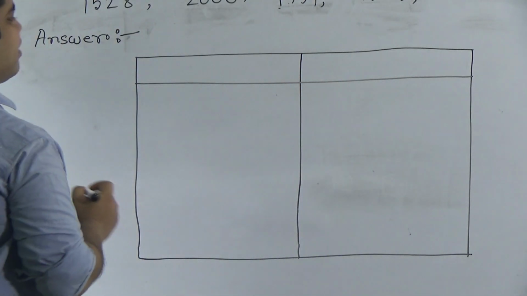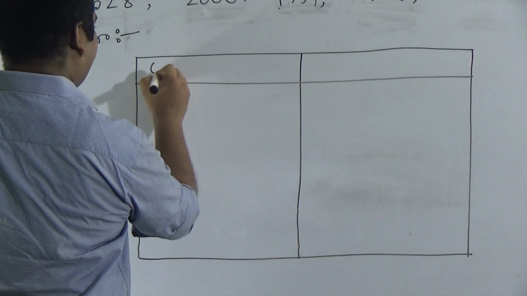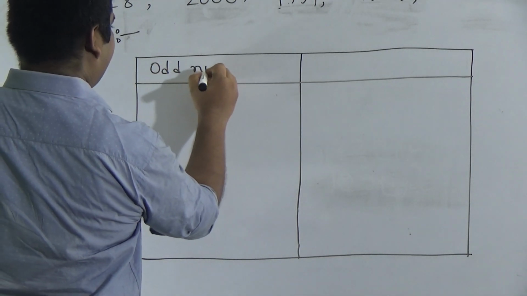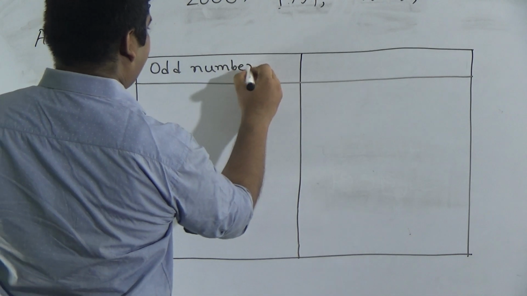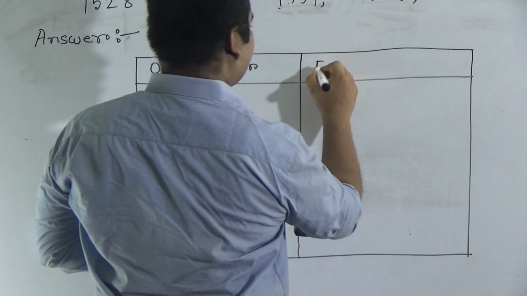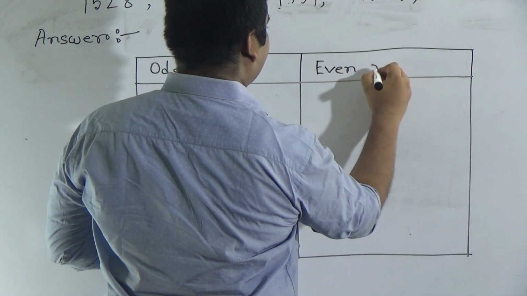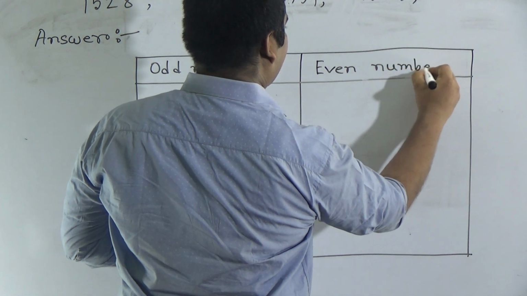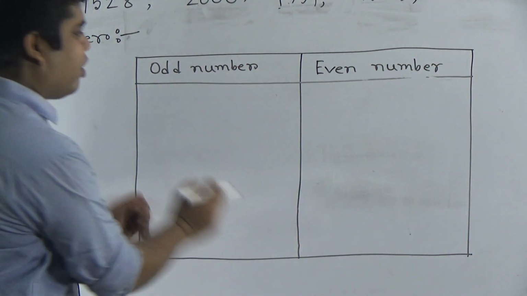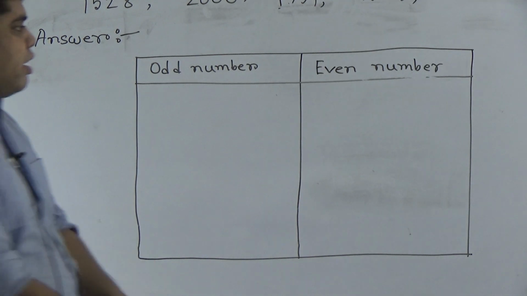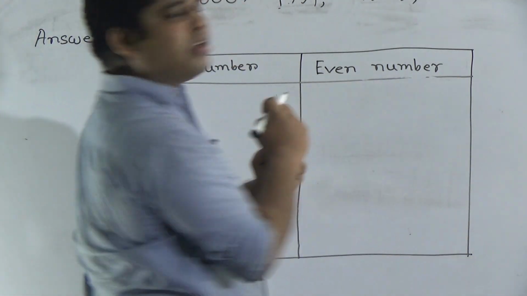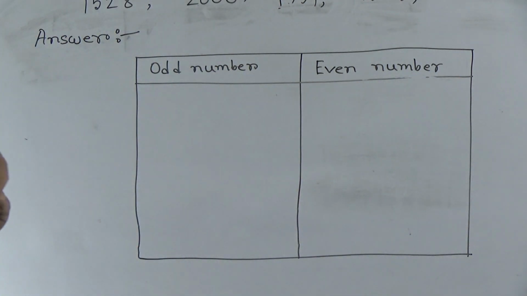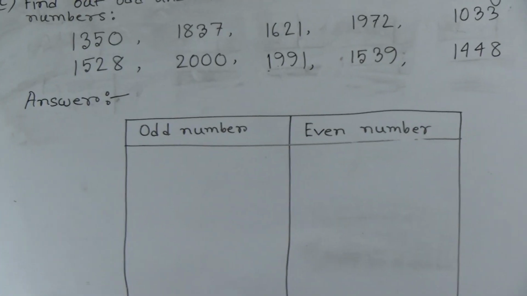After that, in this section we write odd number, and in this section you write even number. My dear students, in this box we write odd numbers and in that box we write even numbers. So let us check which numbers are odd and which numbers are even.